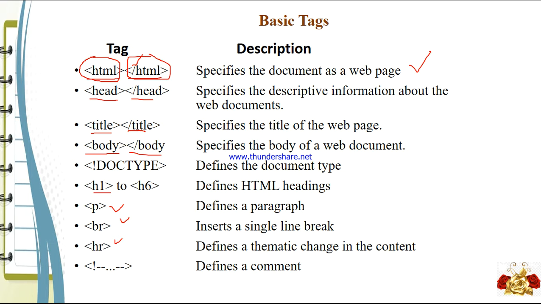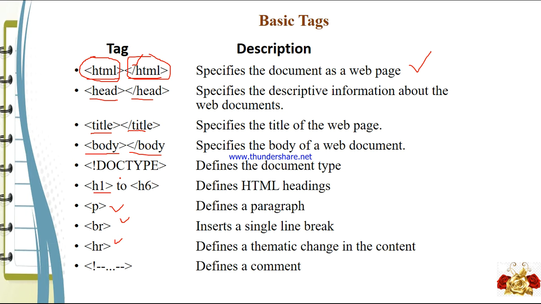Whatever is displayed on the web page goes in the body. Then for headings, you use H1, H2, H3, H4, H5, H6, up to six types of heading tags in HTML.